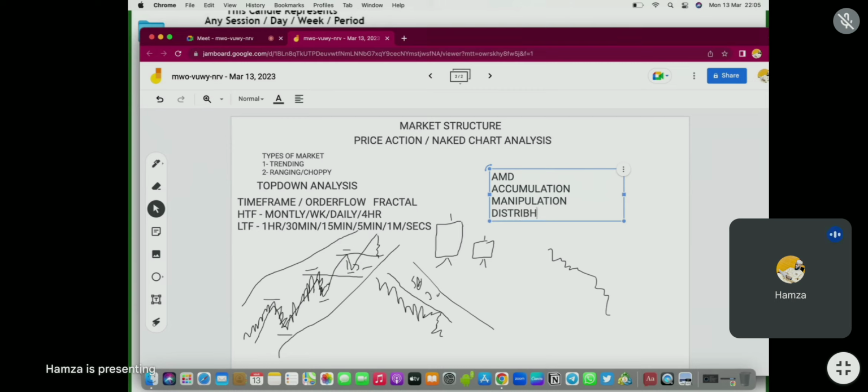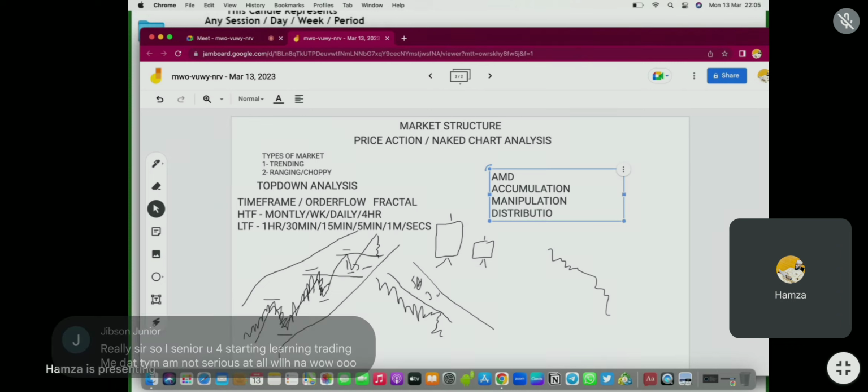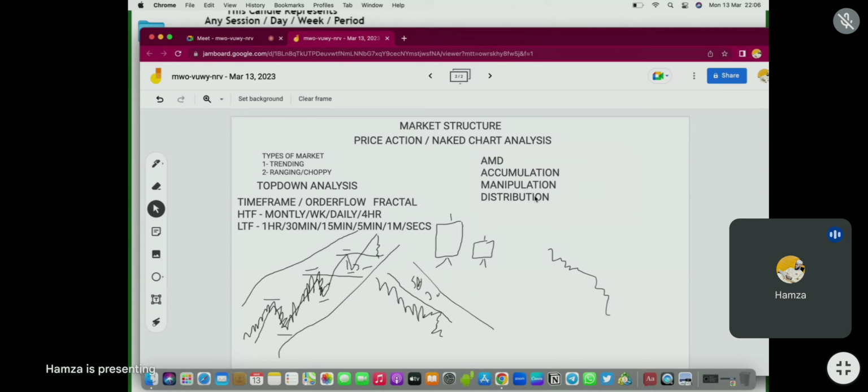At any given time, price is either in an accumulation phase, a manipulation phase, or a distribution phase. And I'll show you in just a minute.